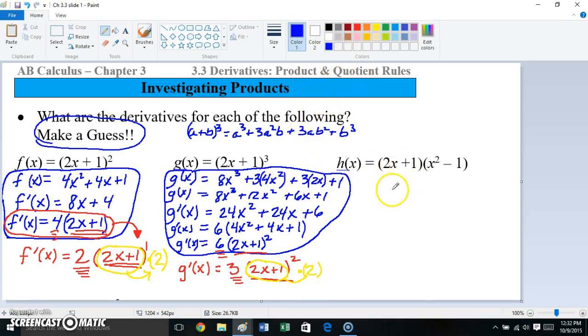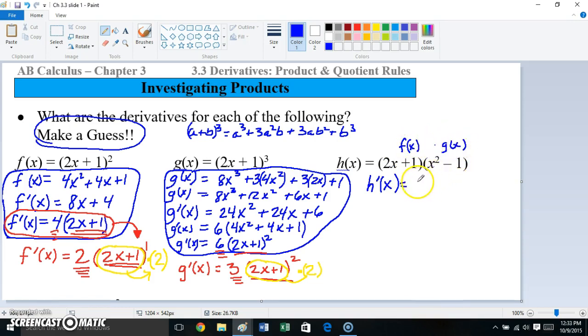All right, h of x is (2x + 1) times (x squared minus 1). All right, let me just make a guess at this, okay? Is the derivative going to be the derivative of the first function? I could call this f of x and this guy g of x.